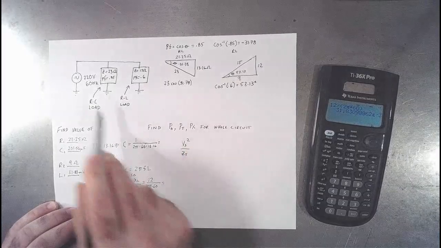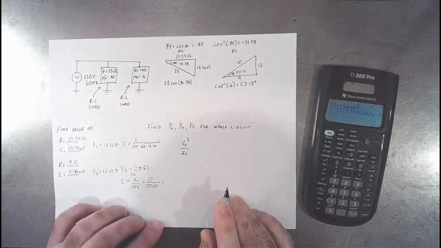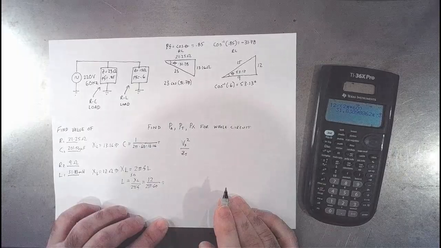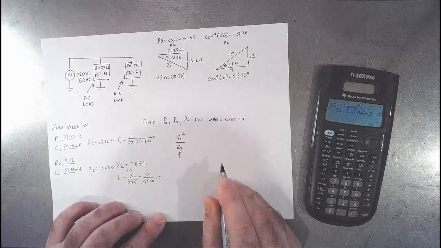So that's how I'm going to find the hypotenuse of our power triangle. But before I can do that, like I said, I need to find ZT here.